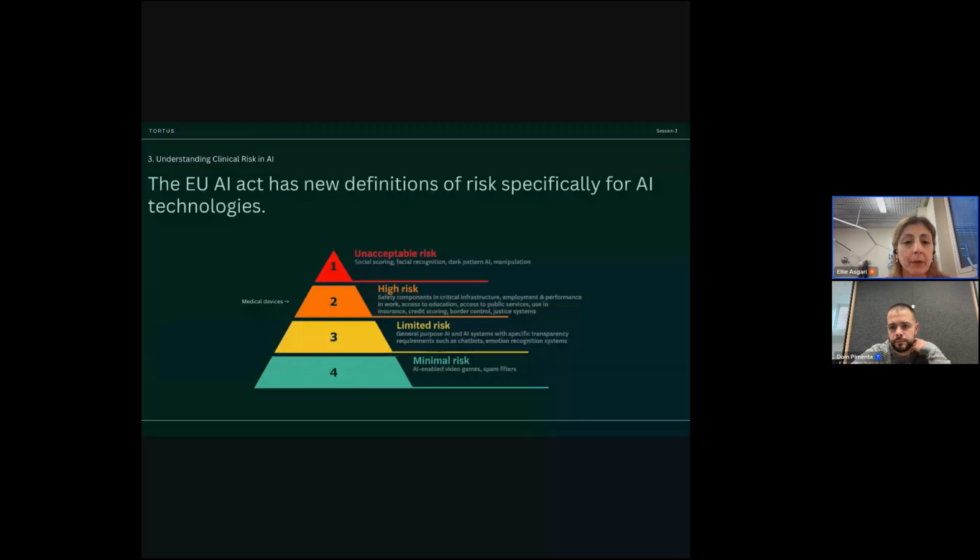It goes from minimal risk at the bottom, which is like spam filters or video games, and goes higher and higher, where the unacceptable risk is social scoring or face recognition. And you can see that this is kind of different from the US, for example. They use facial recognition in their airports, which I found quite interesting after studying the EU AI Act for a long time.